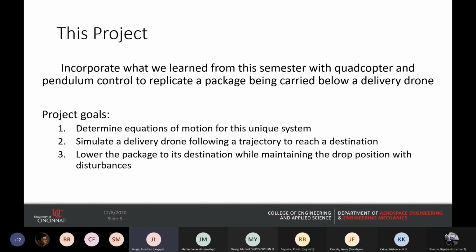Once it reaches its destination, we want to be able to lower the package down to a drop position where the quad is trying to maintain a target drop location for the package itself. So that's what we set out to do.